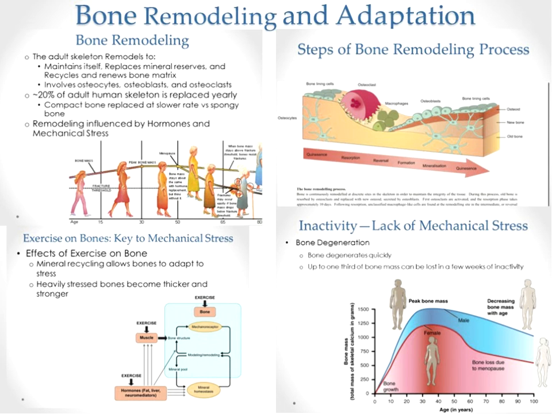And throughout your lifetime, you have a population of osteoblasts building bone, and you have a population of osteoclasts taking away bone. And as long as the populations equal each other out, you don't see any extreme bone depositing or bone taking away.